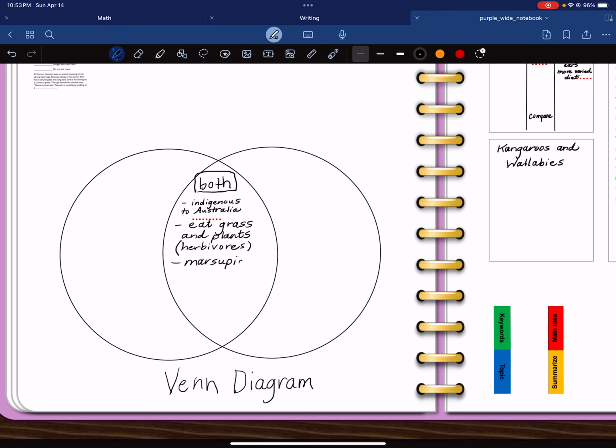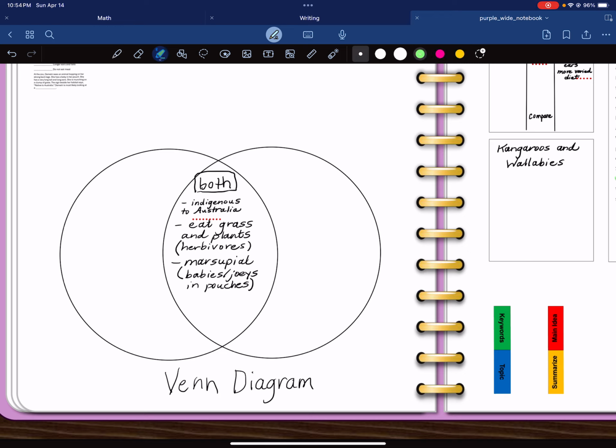And what is a marsupial? That means that they carry babies in pouches. What are those babies called? Joeys. And that's true for both the kangaroo and the wallaby.